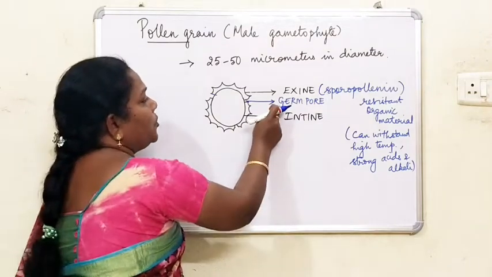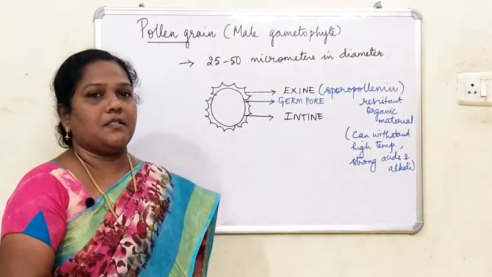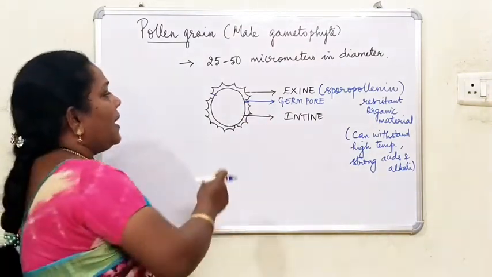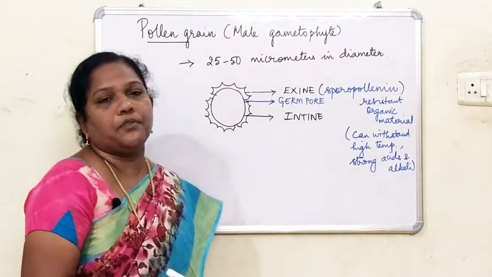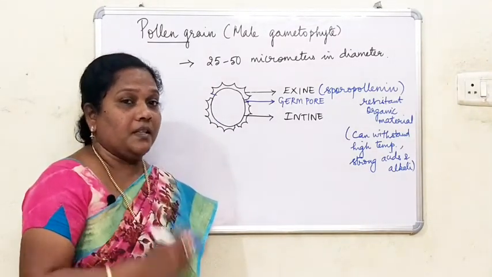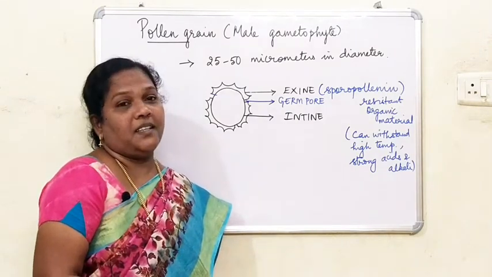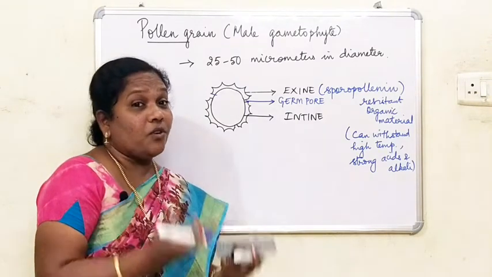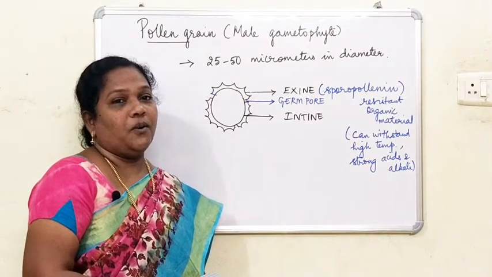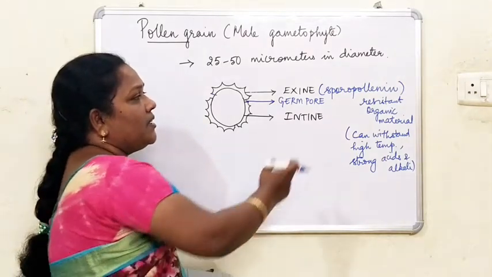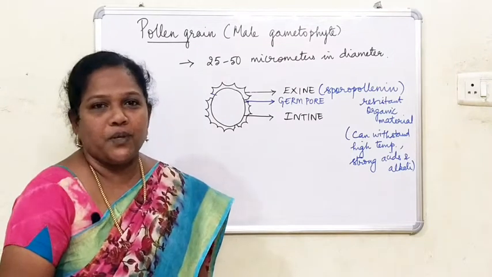In the germ pore, Pulanen will be absent. The next important thing to remember about Pulanen is that there are no enzymes to degrade it. Till now it has not been found. That is the main thing you have to remember about Pulanen.